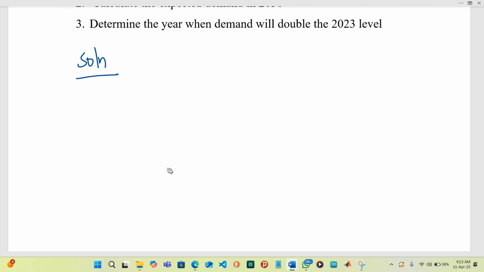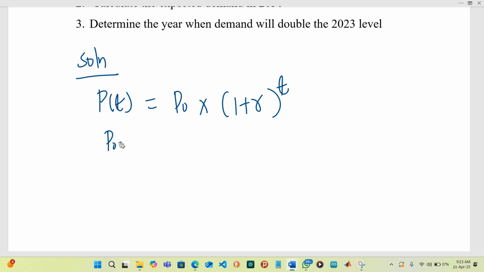So number 1, the model or formula given to us is P0 times (1 + R) to the power t, where t is in years and R is in percentage. P0 is the power that is available at the start of our projection. We are given that P0 is equal to 1,200 megawatts, and R is 7 out of 100, giving us 0.07.